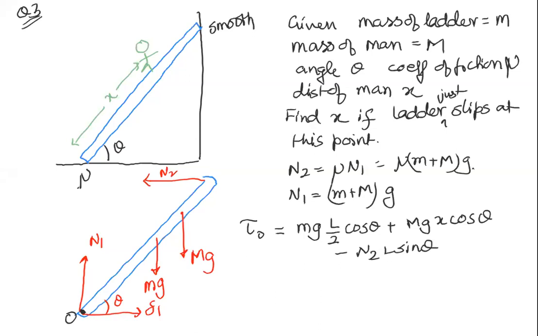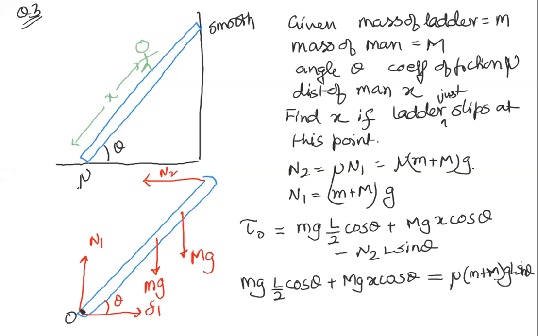So basically I'll end up with MG L by 2 cosine theta plus mg x cosine theta is equal to N2 L sine theta, which is mu N plus M into g into L into sine theta.